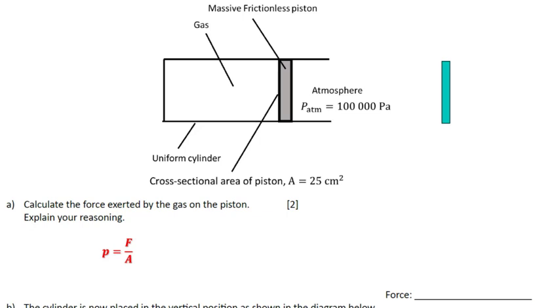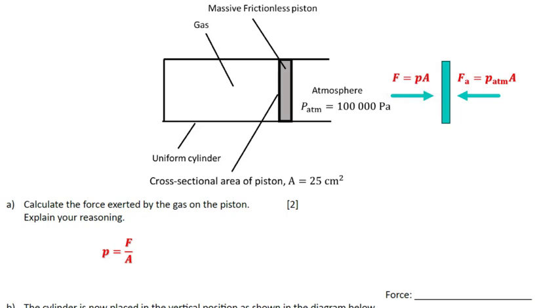Pas oublier qu'il y a la force de l'atmosphère, which is given by FA equal to pressure of the atmosphere multiplied by the cross-sectional area. Et puis, nous avons la force qui peut venir depuis le gaz là, which is equal to the pressure of the gas times the cross-sectional area.